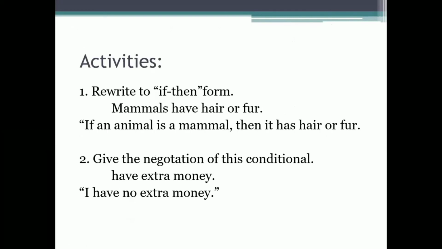So we have here the activities. Number 1, rewrite to if-then form. The given is mammals have hair or fur. So the if-then form: if an animal is a mammal, then it has hair or fur. Okay. Observe that this is not in if-then form. So if we are going to rewrite the sentence to if-then form, how are we going to identify whether it is the P or the Q?